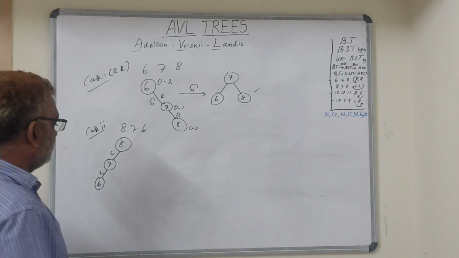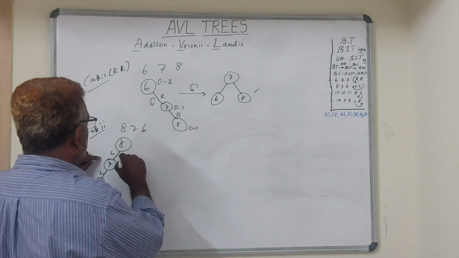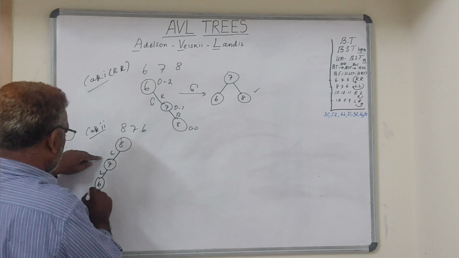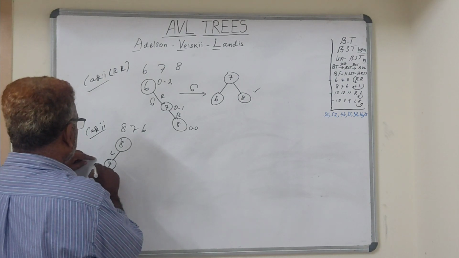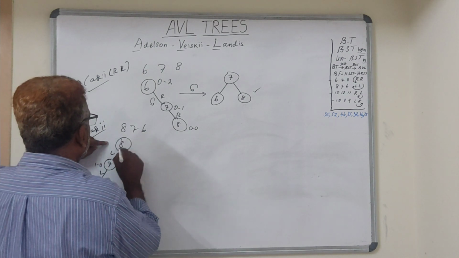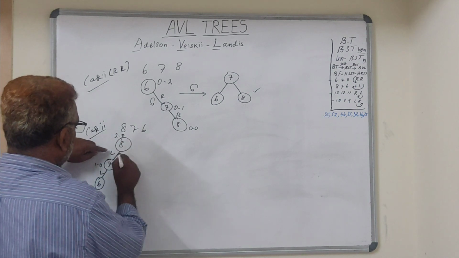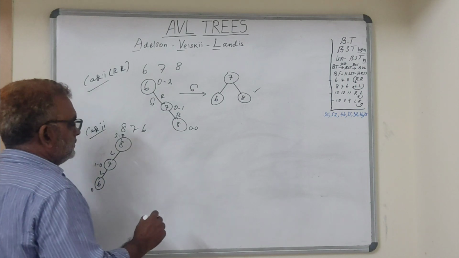Now you have to perform a rotation. If you calculate the balance, this is 0 minus 0, this is 1 minus 0, and here on the left hand side we have 2 edges and on the right hand side there is nothing, so 2 minus 0.